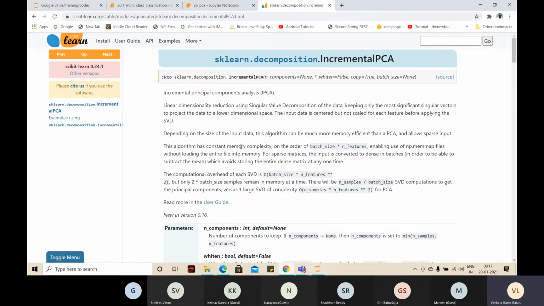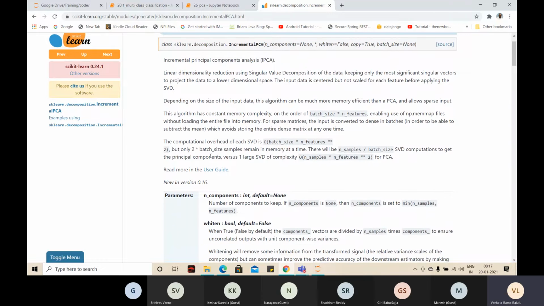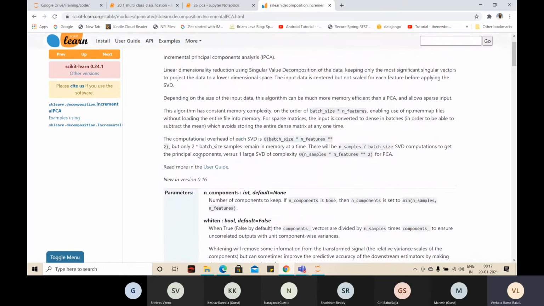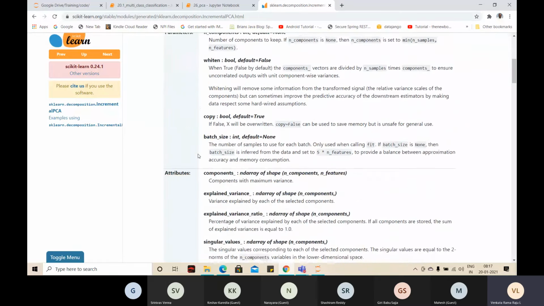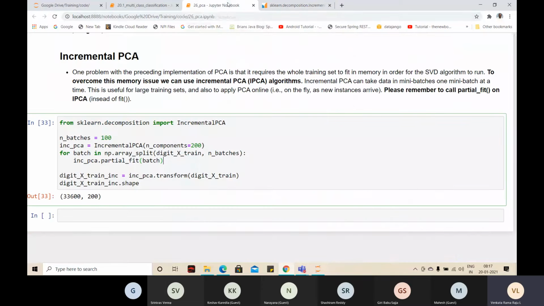There is a mathematical concept called singular value decomposition, I'll explain. Incremental PCA uses truncated SVD, truncated singular value decomposition.